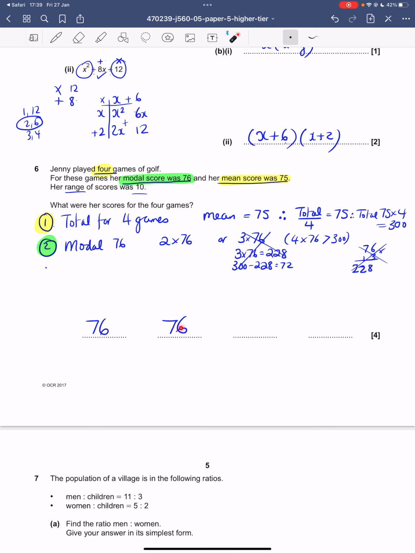If 76 was the highest, then the lowest would have to be 66. If the max is 76, the minimum has got to be 66 to give us a range of 10. So you've got 76, 76 and 66.